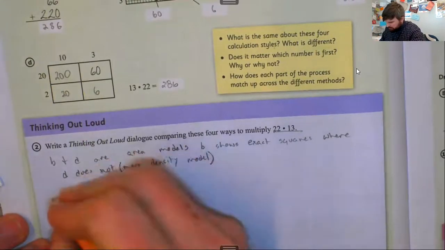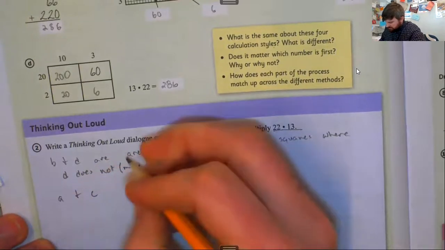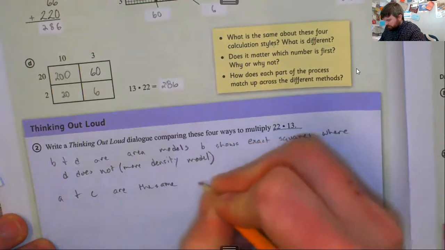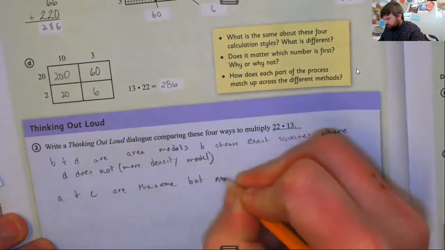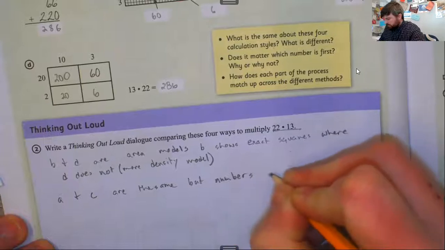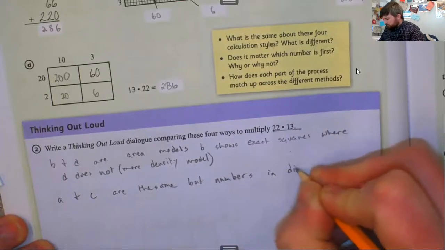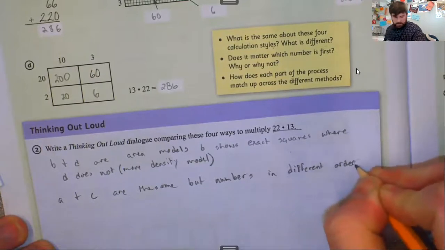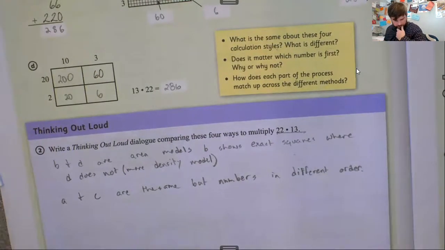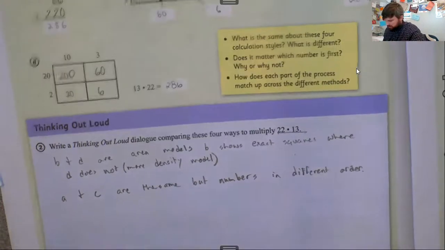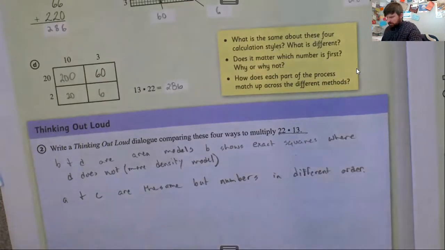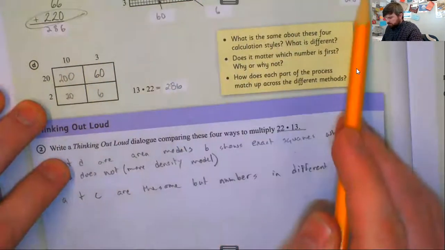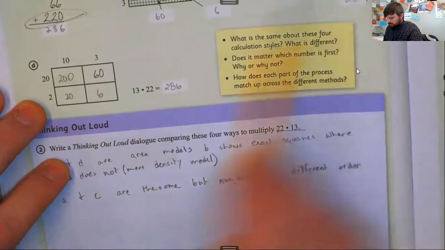We can say A and C are the same, but with numbers in a different order, which doesn't matter. We still get all the same numbers. So you got 220, 220, 260 here, 260 here.